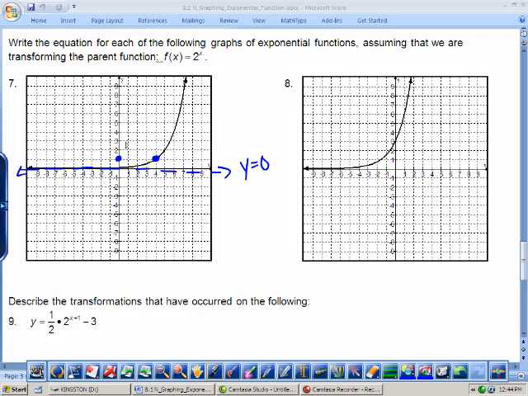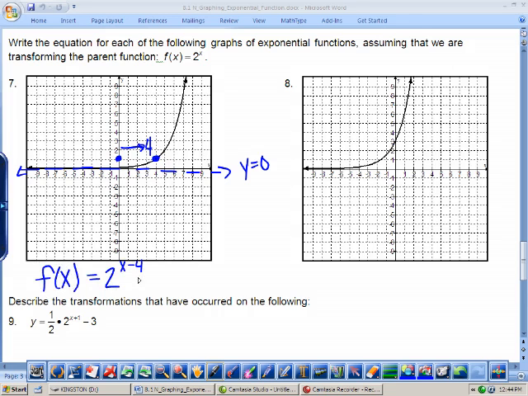So what does that mean? Right 4. So how do I represent that? You all just lost a point. Thank you. f(x) equals, or y equals, 2 to the power of x minus 4. Everyone okay with that? Yes.